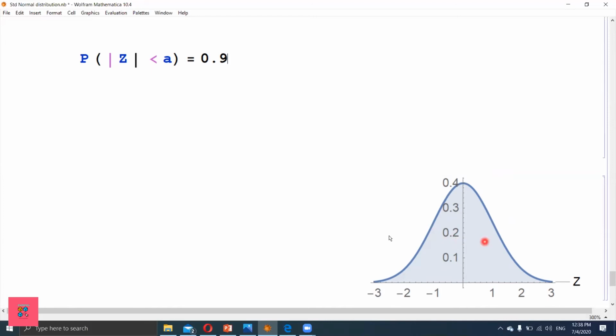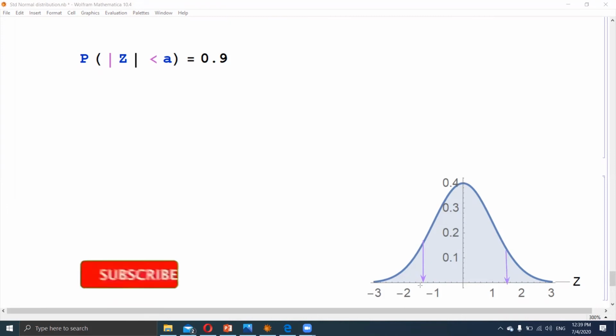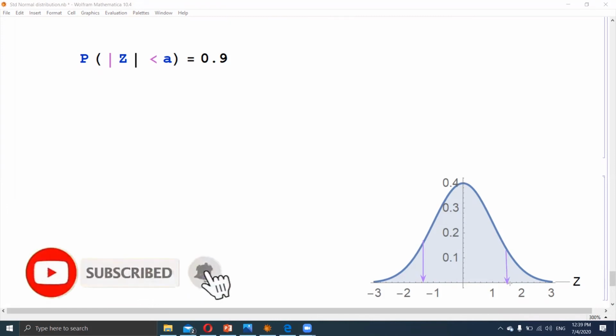So if we plot the lines here, this is for example here, and the other line is of the same height on the right side. This is minus A on the left side and this is plus A.